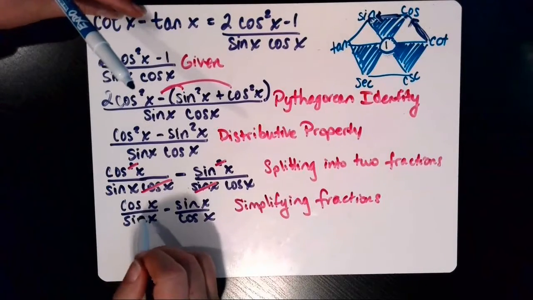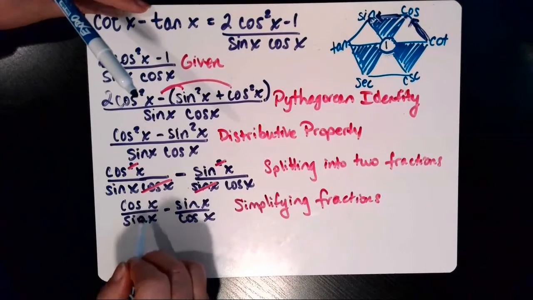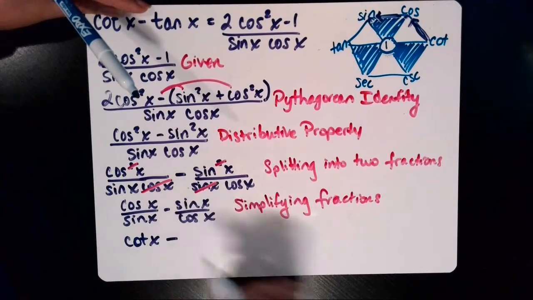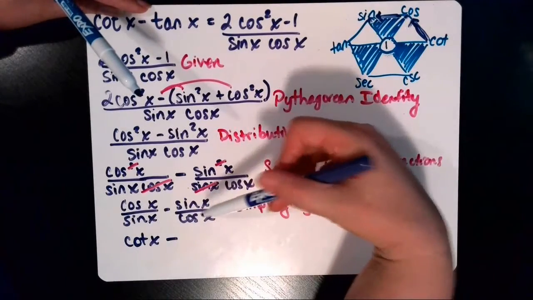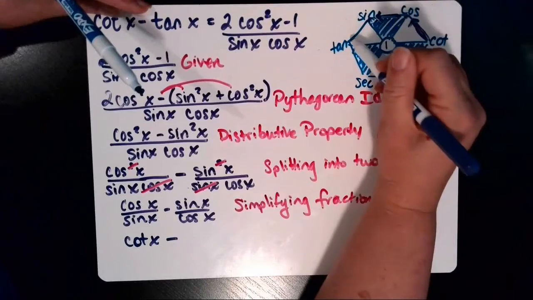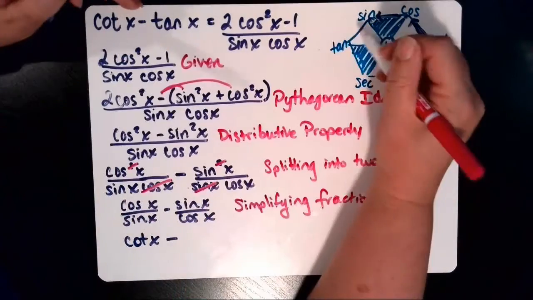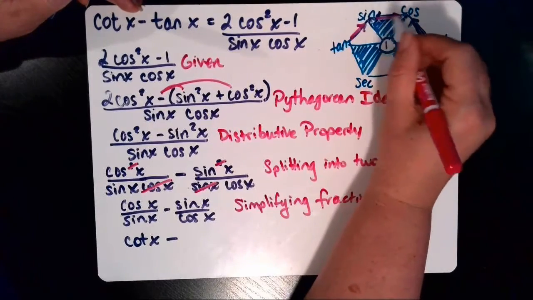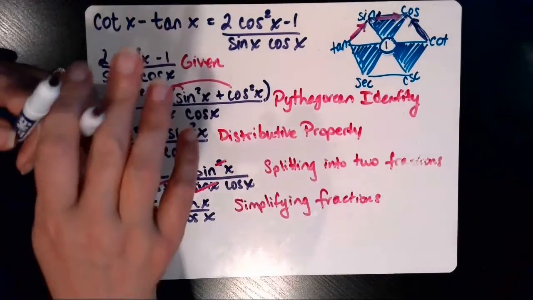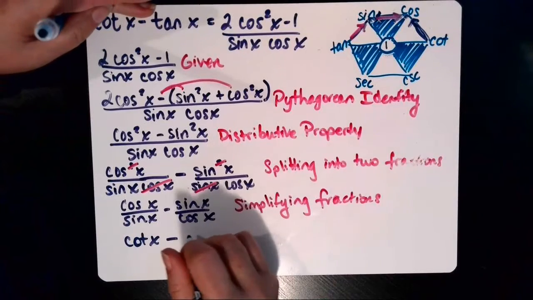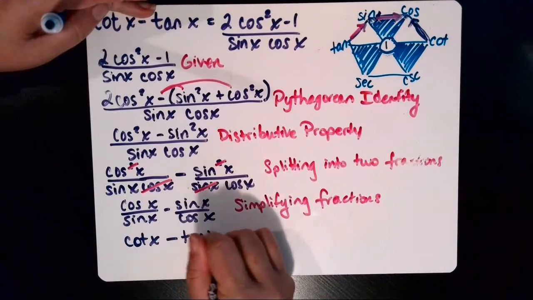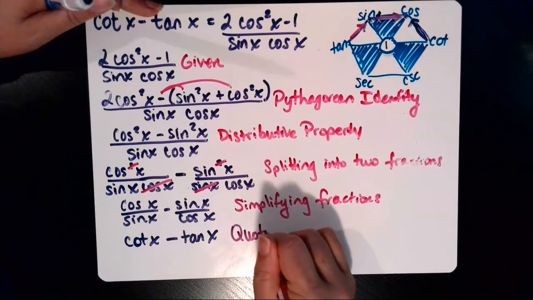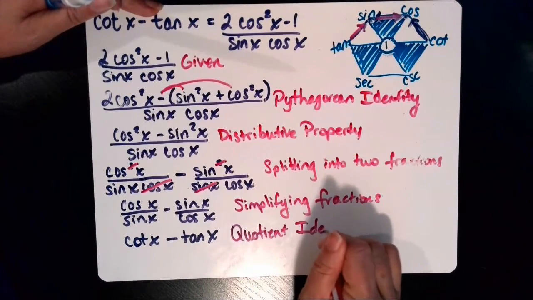So I can use that quotient identity here to change cosine of x over sine of x into cotangent of x. Then when we do that same process with sine divided by cosine, now we're headed the other direction. So tangent is sine divided by cosine. Again, two consecutive vertices form that ratio. So we can change sine of x divided by cosine of x into the tangent of x. And that was applying two quotient identities.